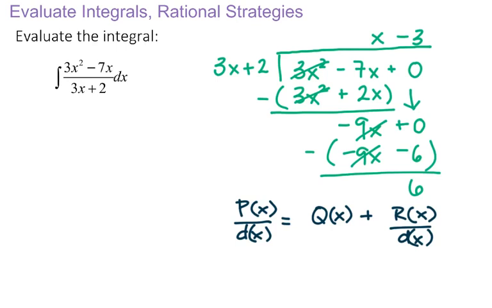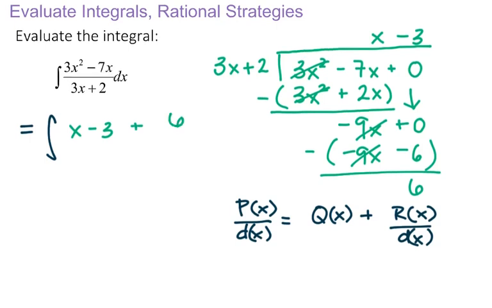So what I have here, this original integral, I can now rewrite and say, well, this is the integral of that quotient, x minus 3, plus my remainder, 6, over the original divisor. So we want to integrate all of that with respect to x.